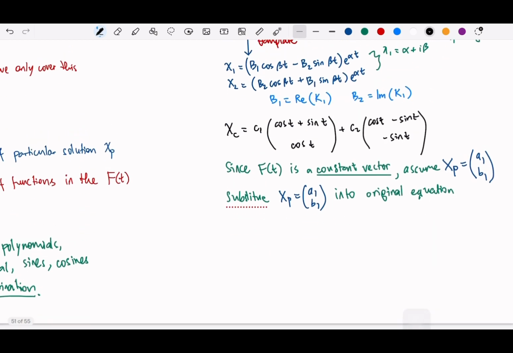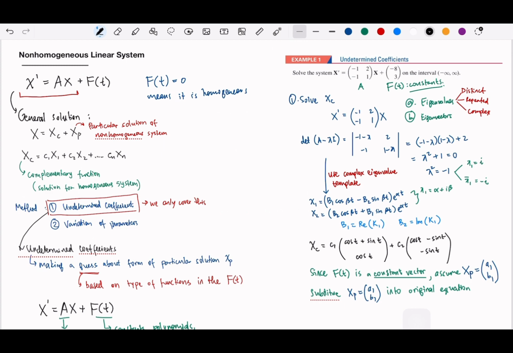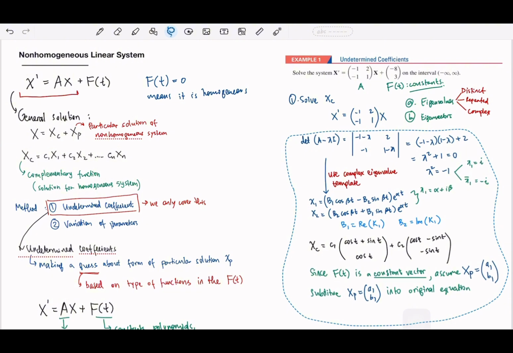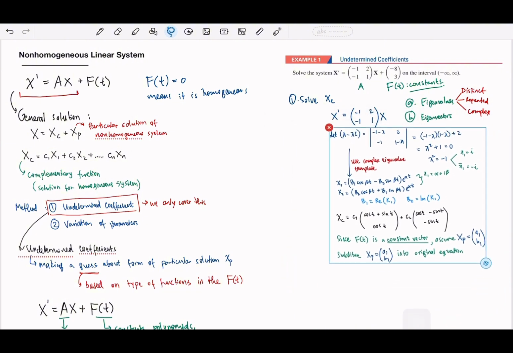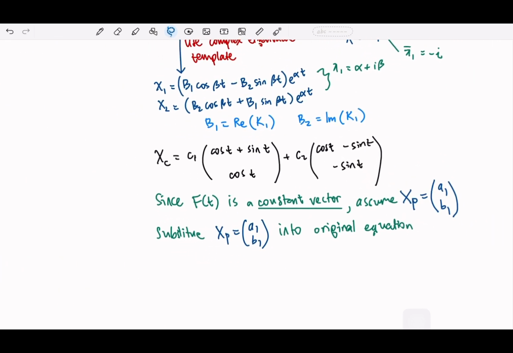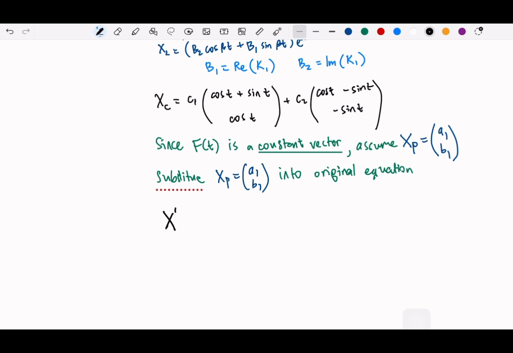The original equation, let me write again here, let me make it smaller, is x prime equals the matrix times x plus f.